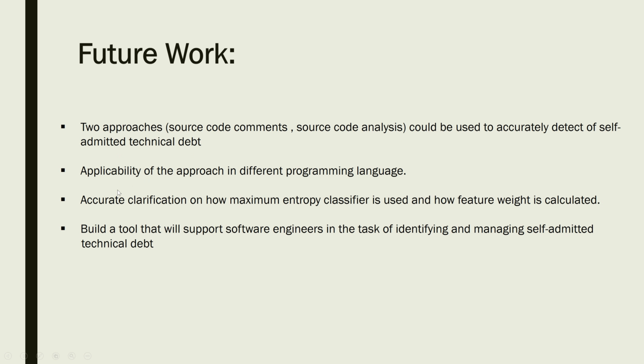In addition to that, provide an accurate clarification on how the maximum entropy classifier is used in the study and how feature weight is calculated. And lastly, I would suggest building a tool that will support software engineers in the task of identifying and managing self-admitted technical debt.